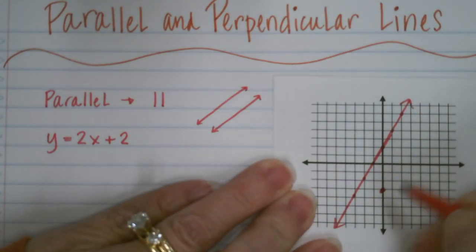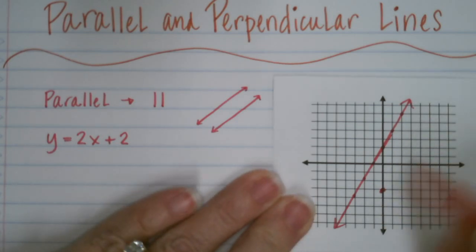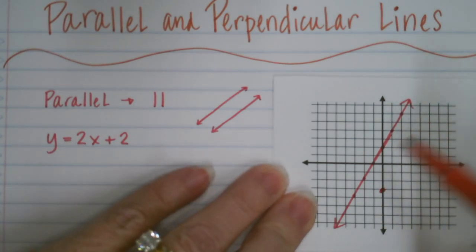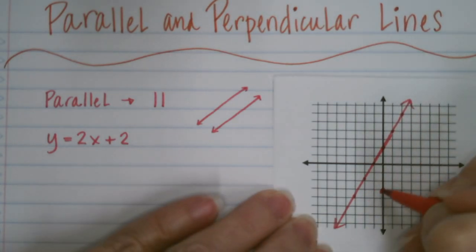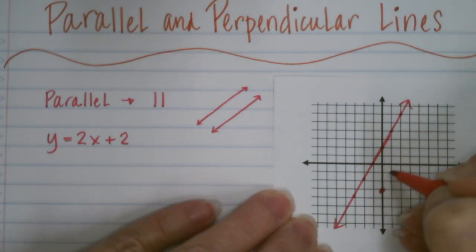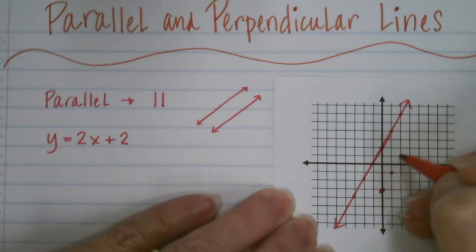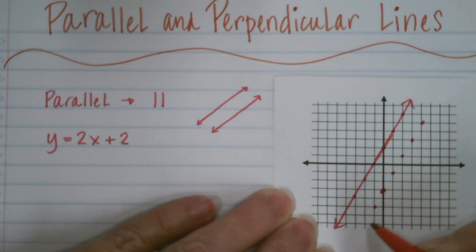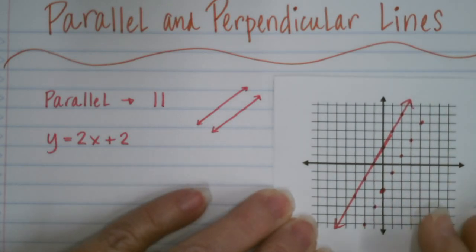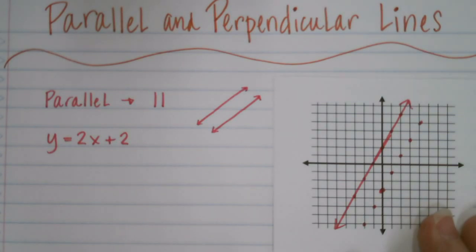Here's one at -3. If this line going through -3 is going to be parallel to the one that we already have, then it's also going to need to go up 2 over 1, up 2 over 1, up 2 over 1, because if it does anything different, it's going to end up getting closer to that line.